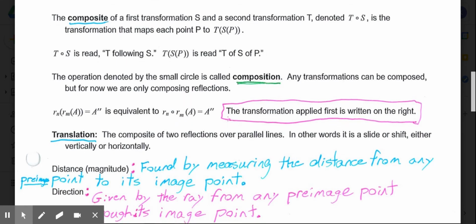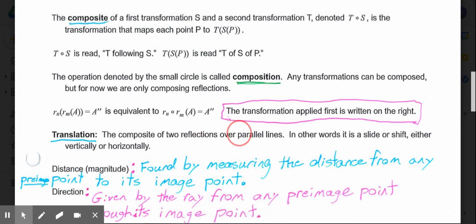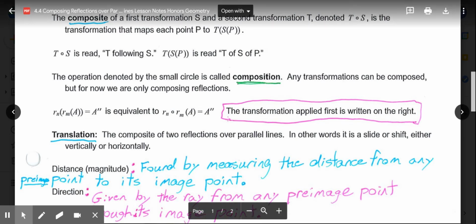And then we have a translation. So a translation is the composite of two reflections over parallel lines. In other words, it's a slide or a shift either vertically or horizontally.